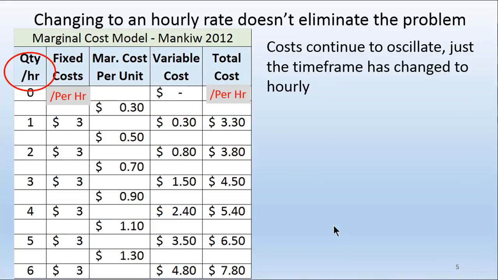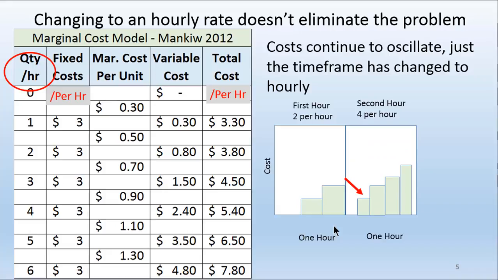So it really doesn't eliminate the problem, because the costs actually continue to oscillate. Just the time frame has changed to hourly. So let's say I've got my first hour of operation, I was running at 2 per hour. That's what my costs look like. And second hour, 4 per hour. It's built a little bit higher. My total costs are going higher.